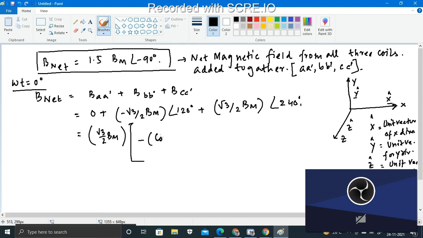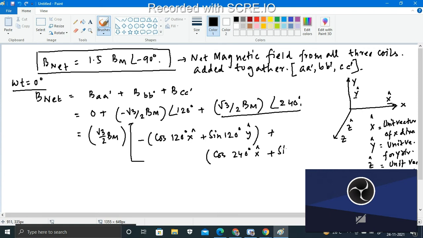So this will be cos of 120 degree x bar plus sine of 120 degree y bar, plus this one: cos of 240 degree x bar plus sine of 240 degree y bar.